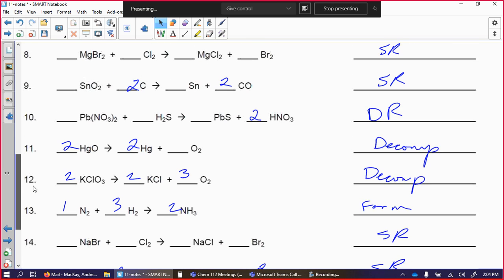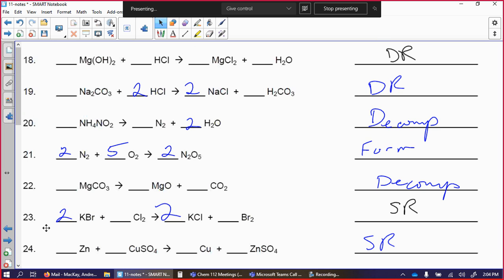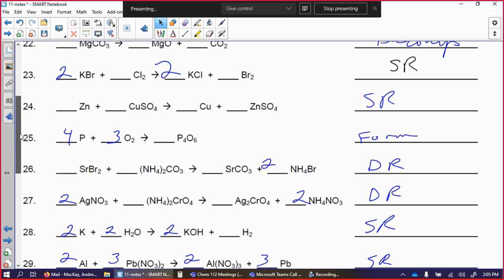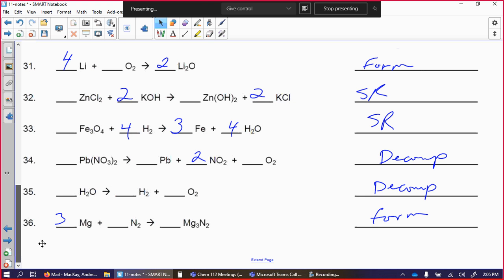There was no real crazy things. When you have polyatomic ion switching or you have falling apart or making new ones, those get a little bit tricky, but I went through this in maybe 5 minutes.